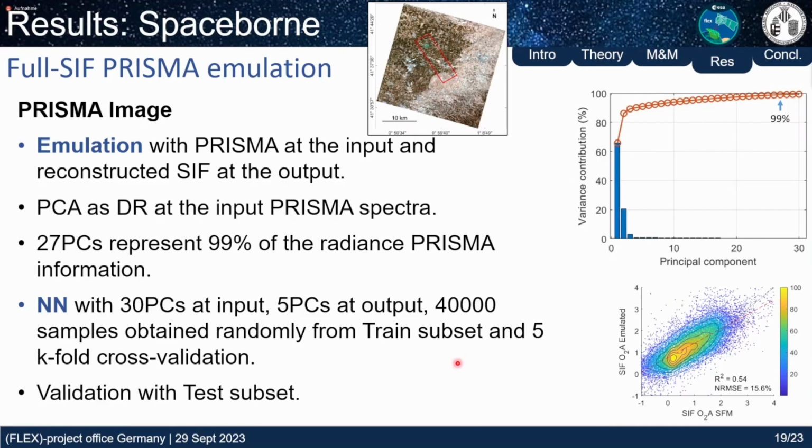We trained it with a five-fold cross validation, and we validated it with the test subset, and we obtained these statistics with an R square of 0.554 and a normalized root mean square error of 15%.